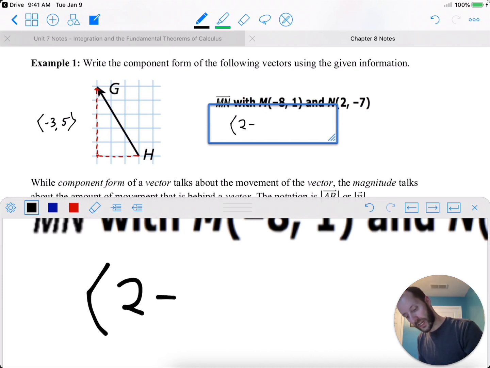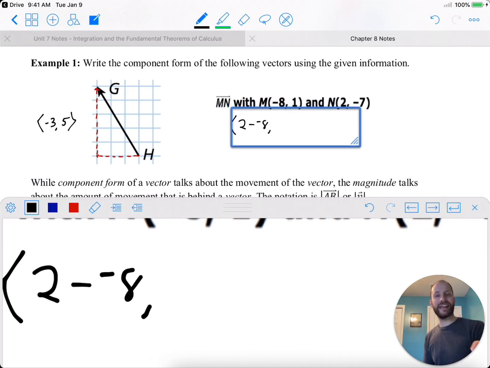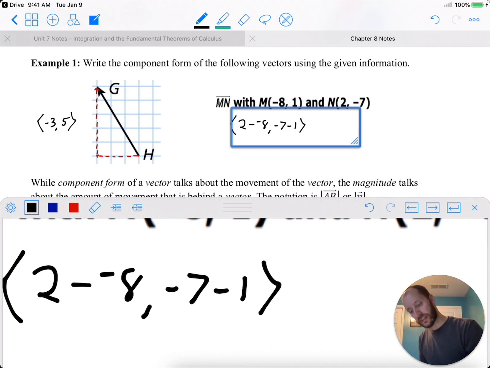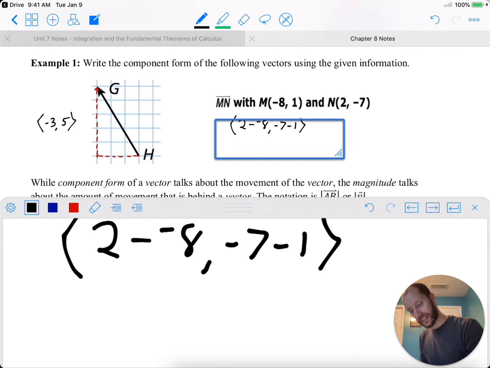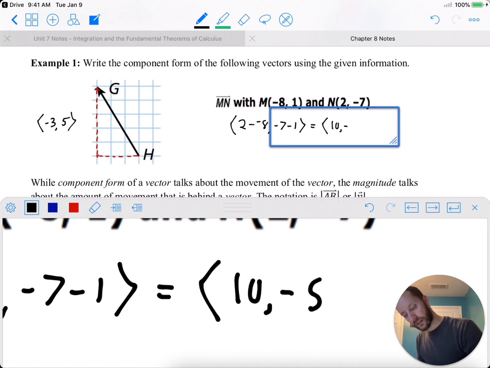So 2 minus negative 8, the x of N minus the x of M, and negative 7 minus 1, the y of N minus the y of M. That gives you 10, negative 8.